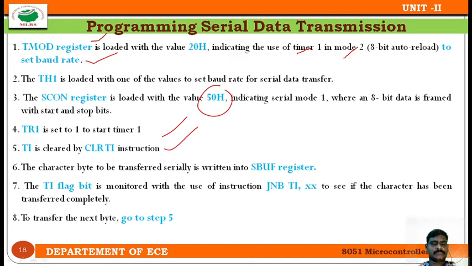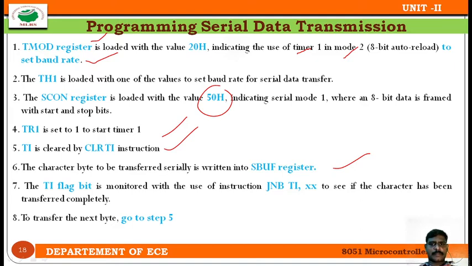Then TI is cleared using the CLR TI instruction, and I'll tell you why TI is necessary here. Then the character byte to be transmitted serially is written into the SBUF. Then the TI flag is monitored using the instruction JNB TI.